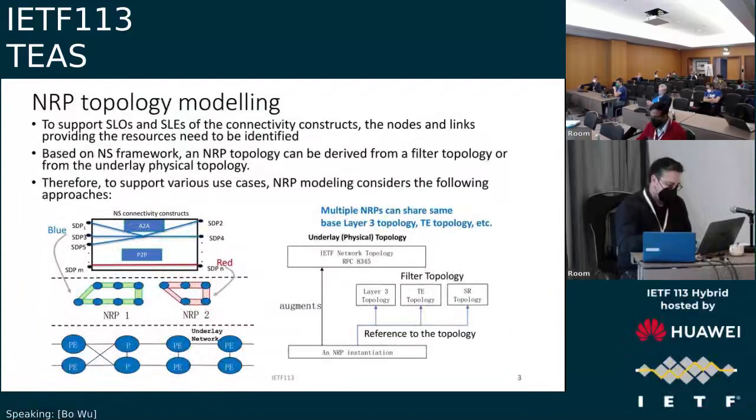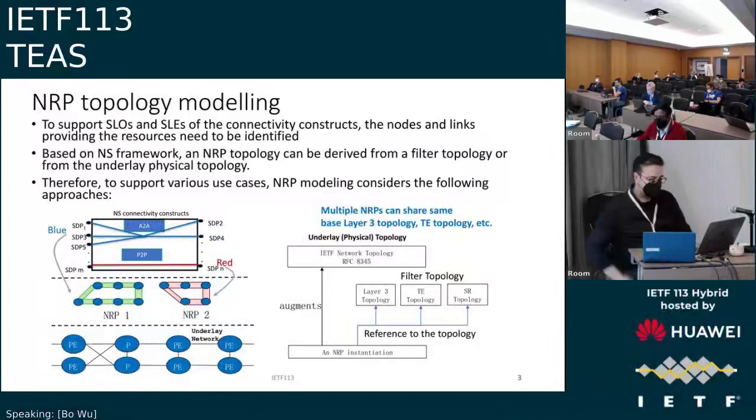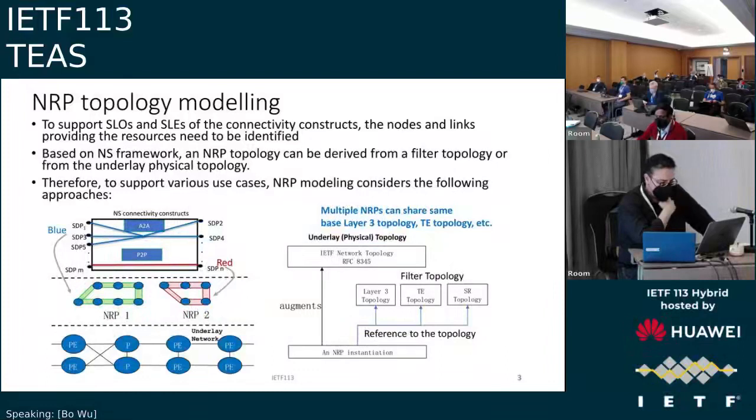This is the major difference with the NLP policy model I just mentioned, in my understanding. The left hand side shows how the network slice connectivity constructs map to the NLP resources. As you can see, there are two NLP instances. One is blue, the other is red.